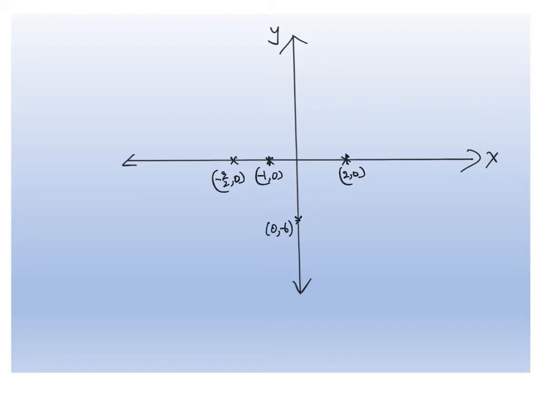The only concern now is when you draw this. This point here, whether it is to the right of the y-axis or the left of the y-axis, which is between minus 1 and 0.